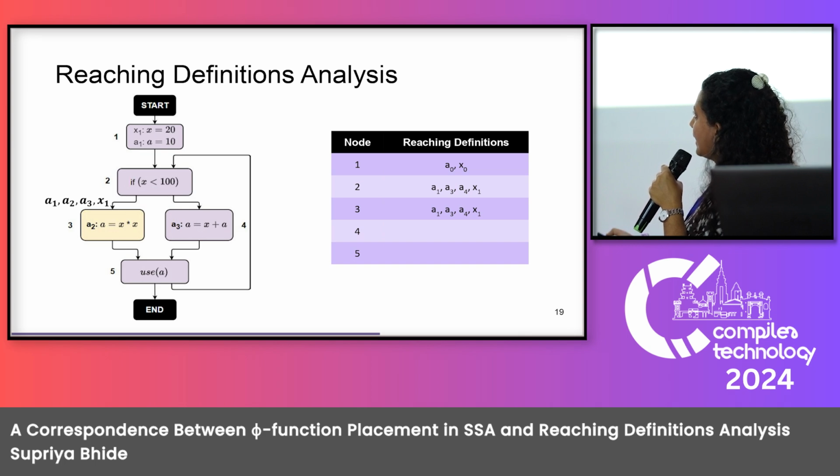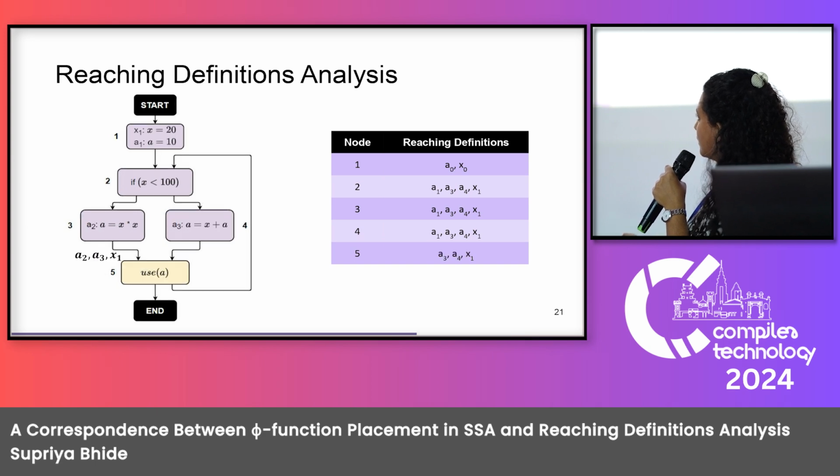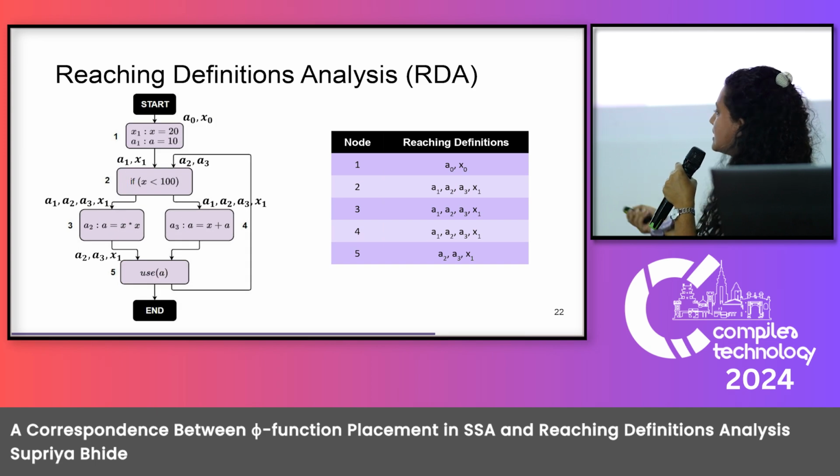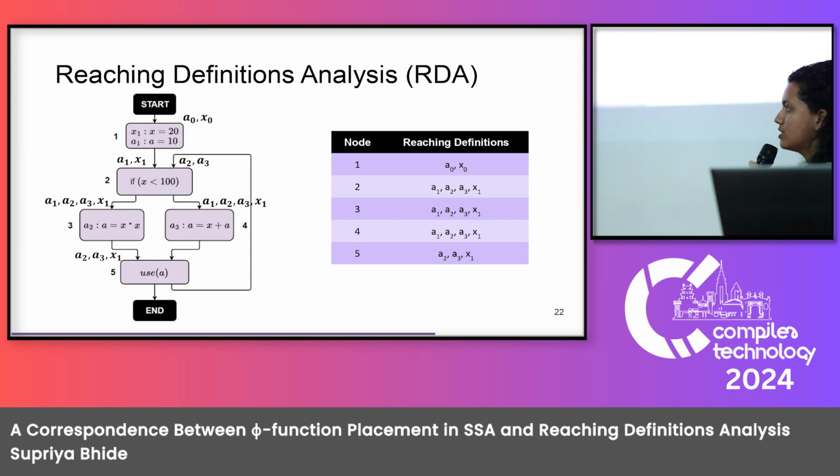This is followed by A1, A2, A3 and X1 reaching at node 3, and similarly reaching at node 4, followed by A2, A3 and X1 reaching node 5. Observe that the A1 definition gets killed here, so we just have A2, A3 and X1 as the definitions reaching node 5. So this is the final set of reaching definitions.